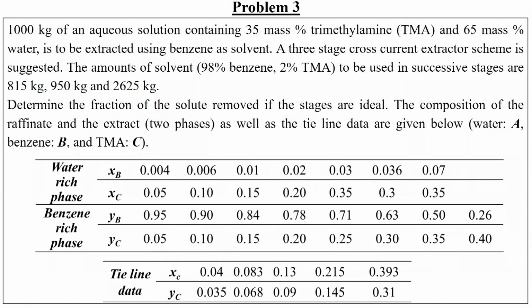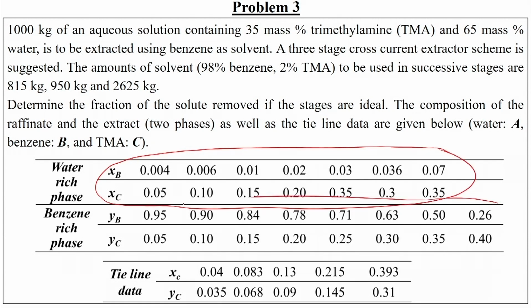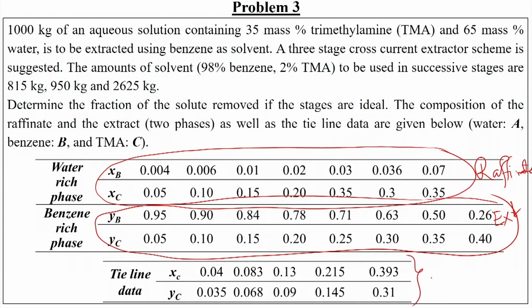The water rich phase will be the raffinate arm and the benzene rich phase will be the extract arm, because we are adding benzene to get trimethylamine from the water into benzene. The tie line values xC and yC are also given. From the first two data sets we get the raffinate arm, the extract arm, and these two are the tie line.